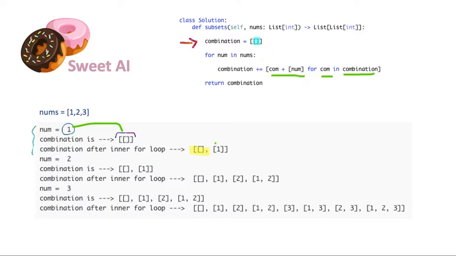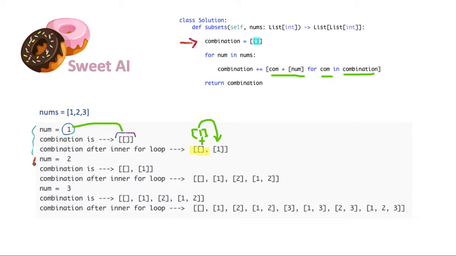So as you see here, 1 plus the empty list is going to generate this item. This is how we are generating the new subsets. So let's go through the second element to better understand the code.